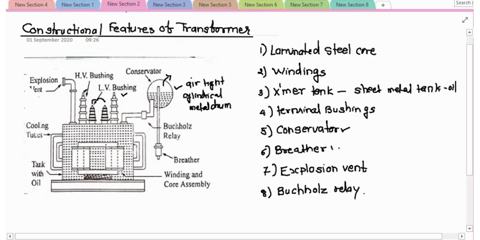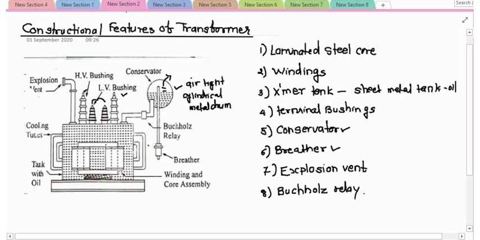Then the next component is the breather. So friends, the displacement of the air above the oil level in the conservator, during the breathing process of the transformer, takes place through the apparatus known as the breather.